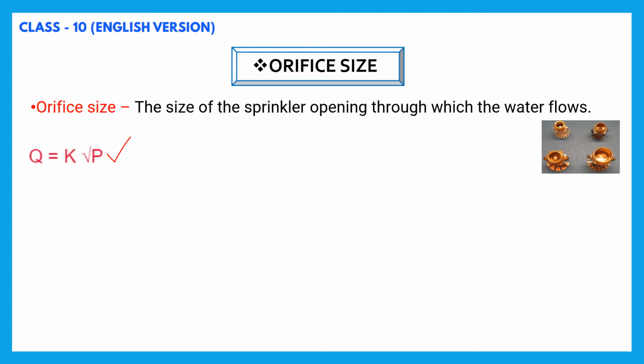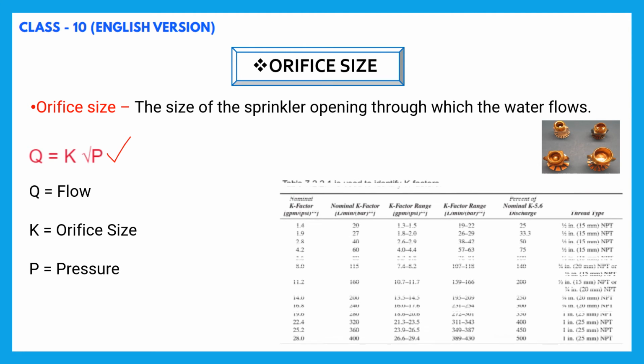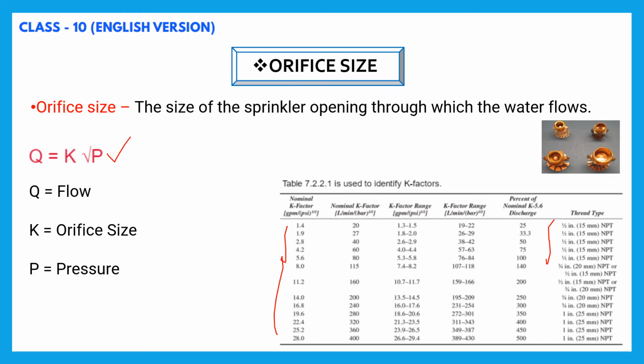Q is equal to K root P. Here Q is the flow from a sprinkler and K is the orifice size, which is constant, and P is the pressure in PSI. NFPA 13 has a table which shows the nominal K factors and the thread type used based on the K factor.